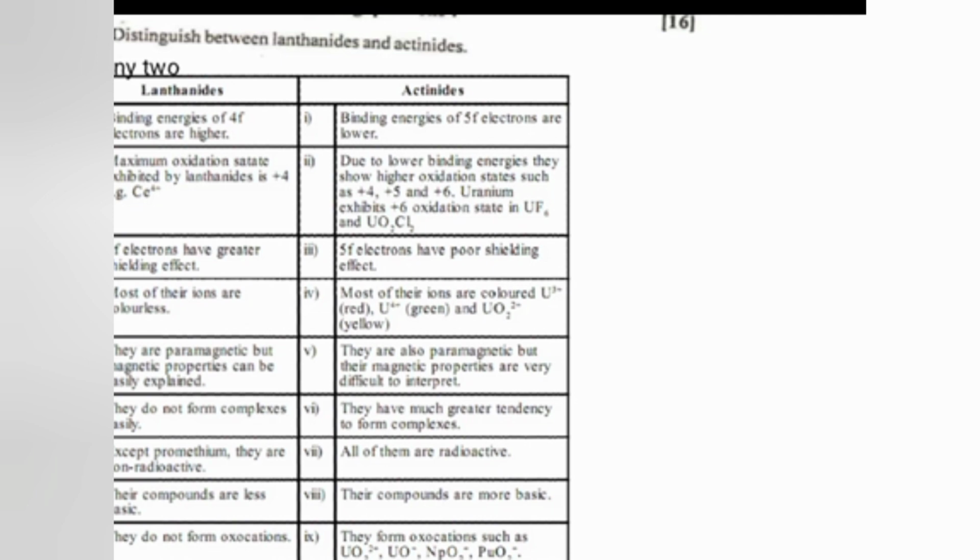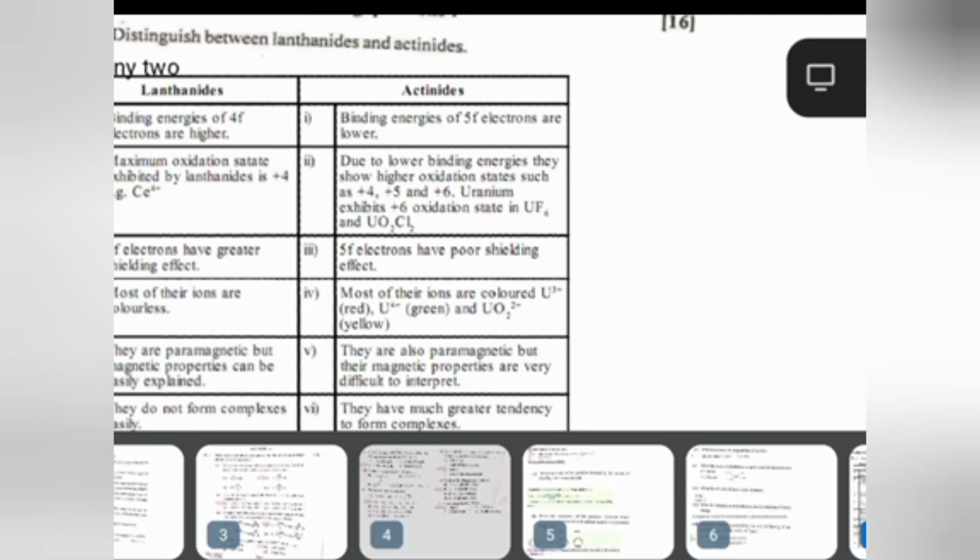Lanthanides do not form complexes easily, while actinides show complex formation. One more important difference is that lanthanide compounds are less basic and actinide compounds are more basic. And in lanthanides, except promethium, all are non-radioactive, whereas all actinides are radioactive elements. So this is very simple.